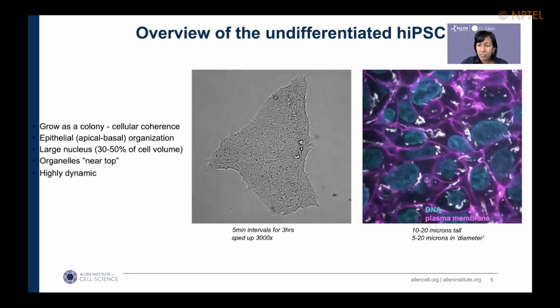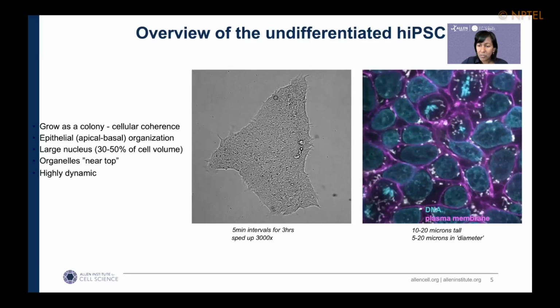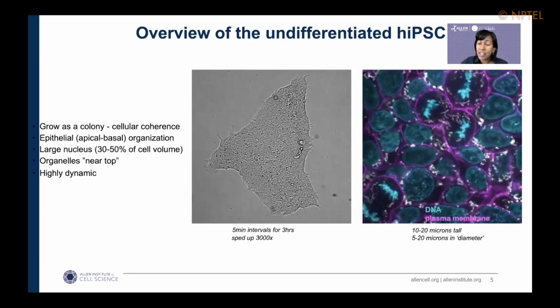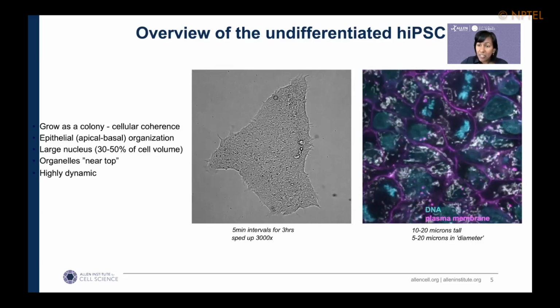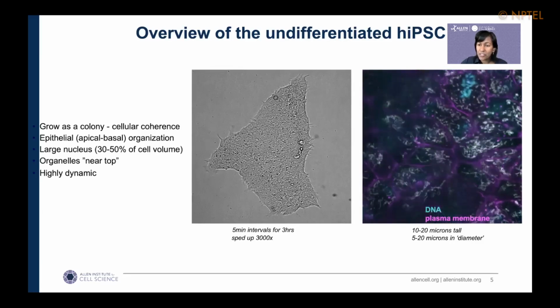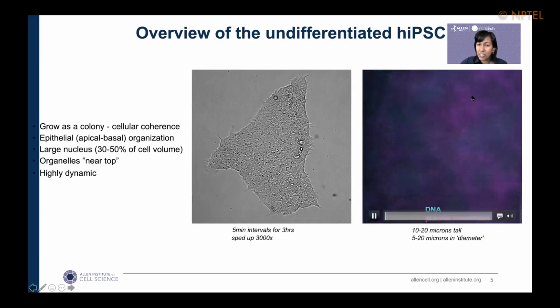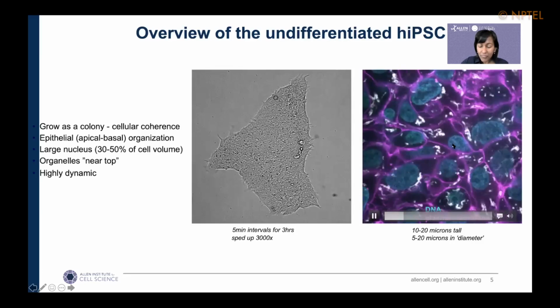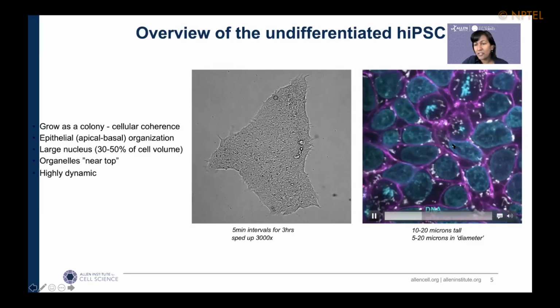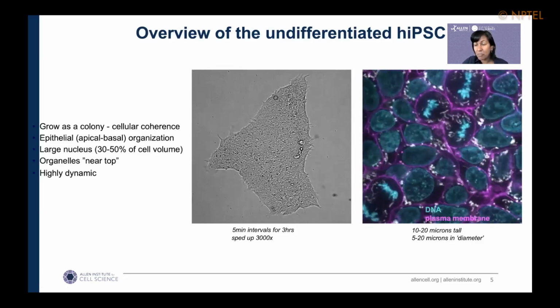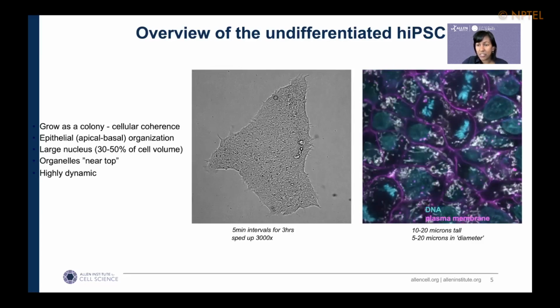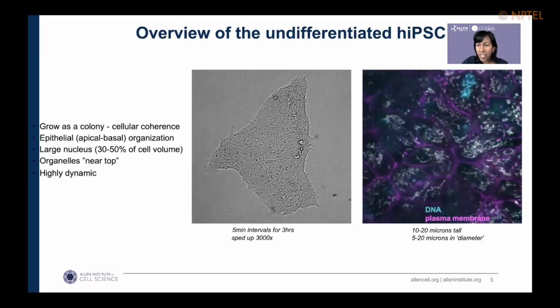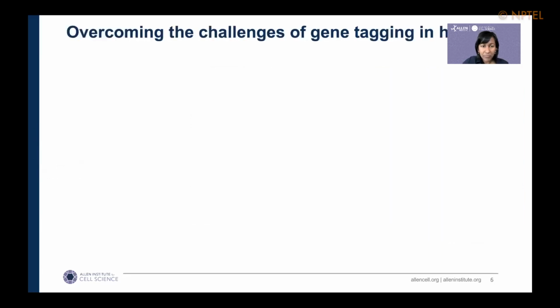And you can see going from the bottom of the cell to the top, you can see the nucleus, the cyan, is very big compared to the cell. And you can also see some of the cells dividing, some of the DNA here. So these are the cells we are starting with for our imaging, where we want to see the individual structures within the cell without having to add a dye to see them.